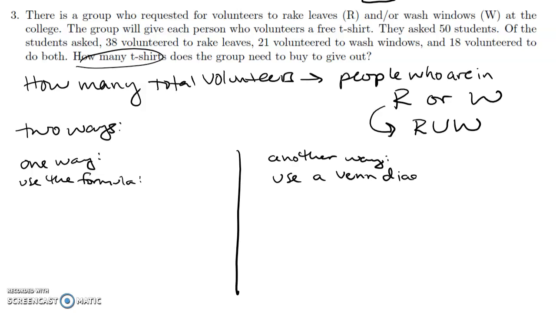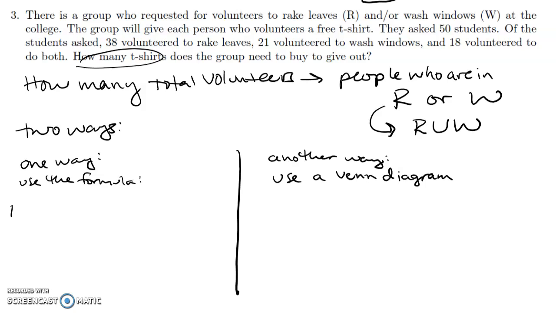It just depends on what your preference is, which of the two you prefer to look at, and which one seems easier for this particular problem. Like in problem 2 that we just did, the Venn diagram would have been tricky because we were looking for the intersection, and normally when we fill in Venn diagrams, we start with the intersection. So that one would have been a little tricky to do. So let's look at the formula way first.